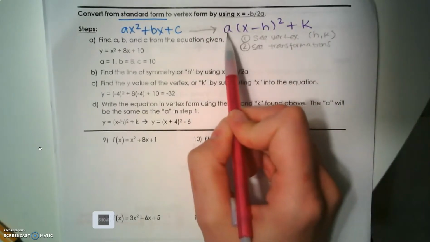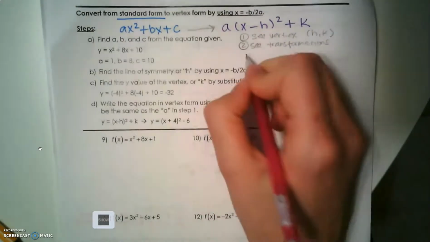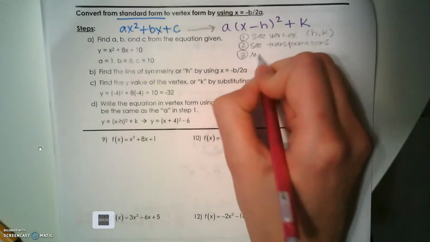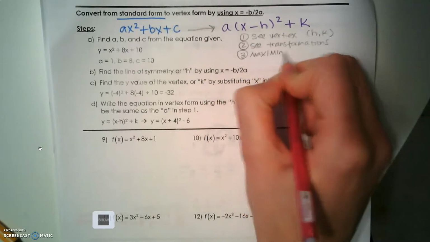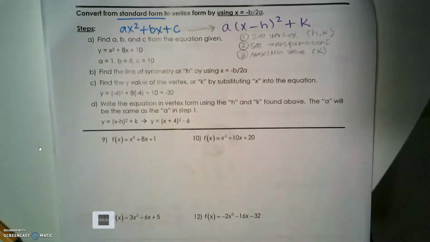Remember, each letter a, h, and k all had their own transformations. We can see the max and the min value, which is that k value, remember. And those seem like pretty good benefits depending on what your question is.